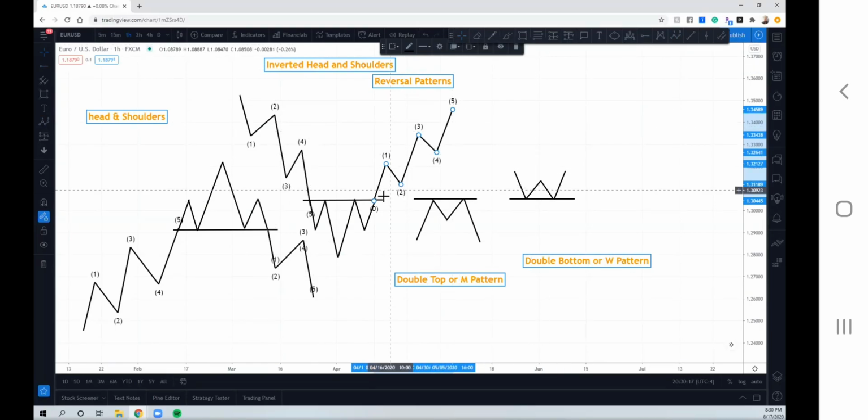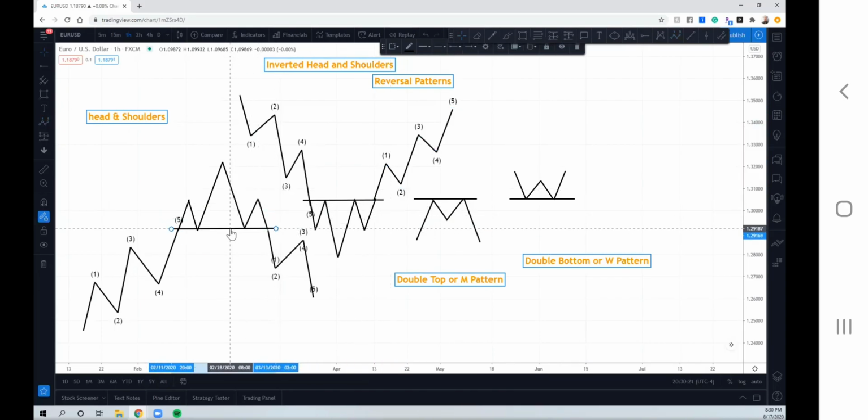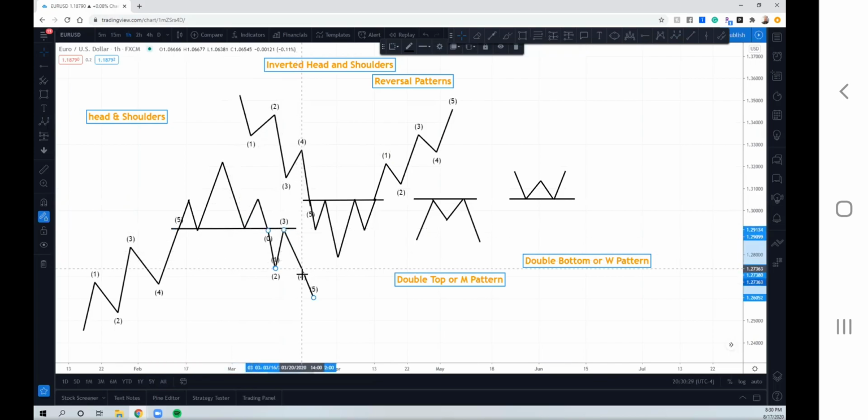So typically you want to see the break of a neckline first, followed by a retest of that neckline, just like so, to go even lower and keep the momentum of the downtrend.